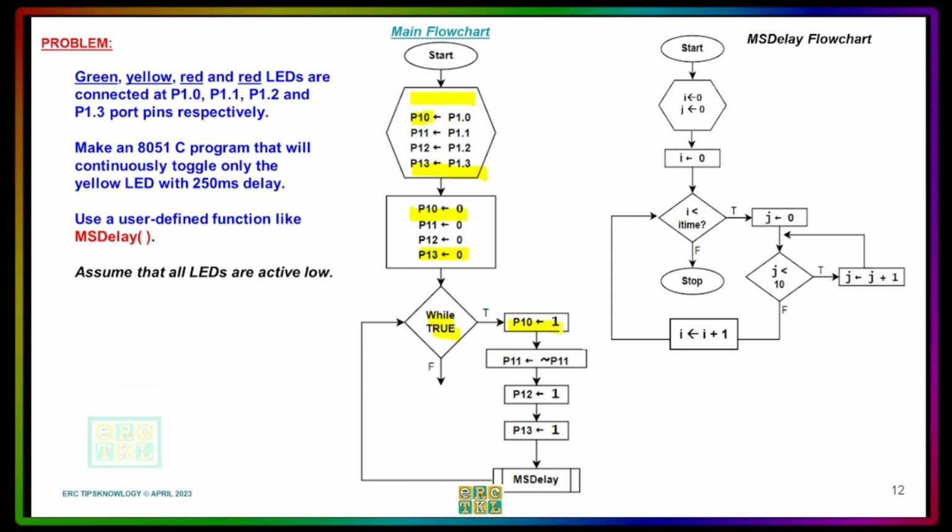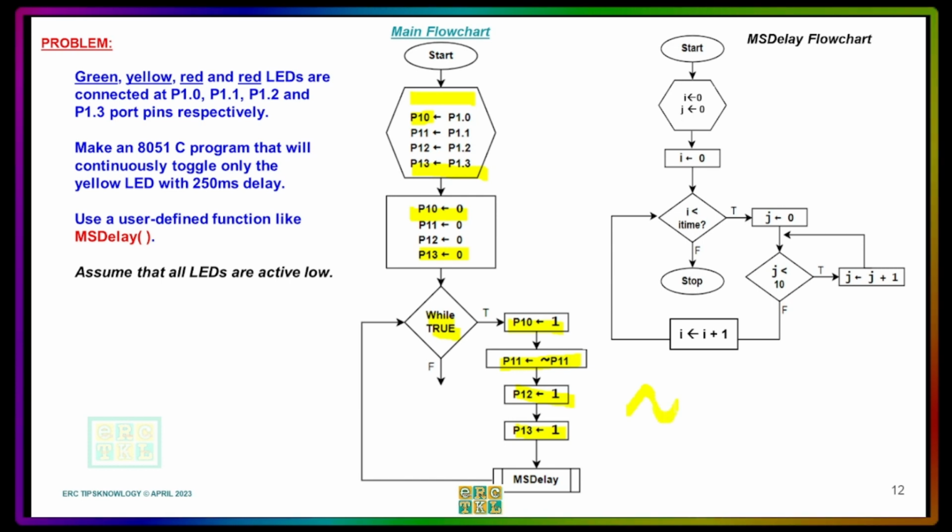We make the green LED and the two reds to be off, while the yellow will be toggled. So take note of the tilde symbol. This is the one responsible for taking the opposite value. 0 will become 1, 1 will become 0, thereby making the off on, and the on off whenever you repeat this step.